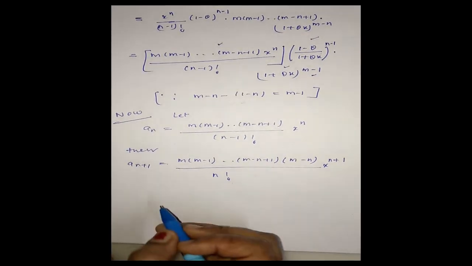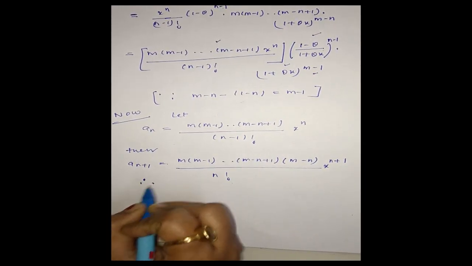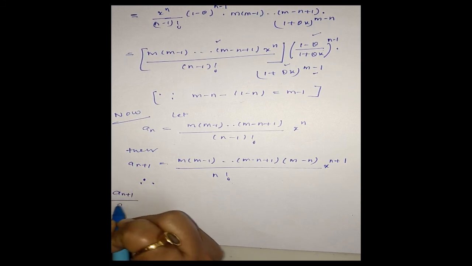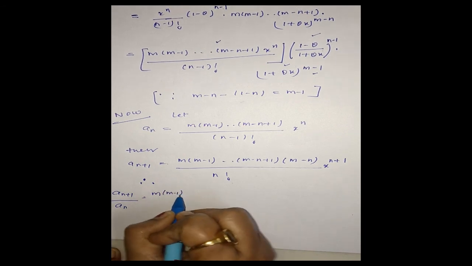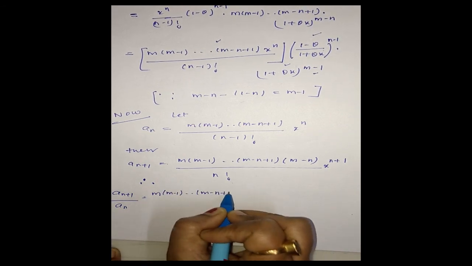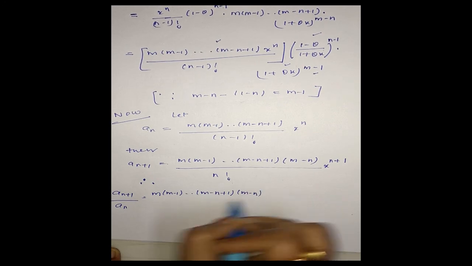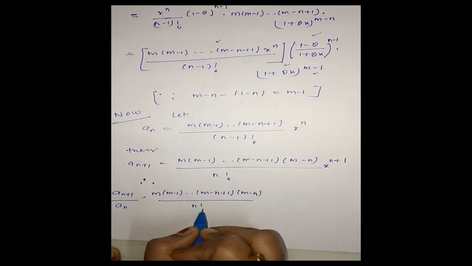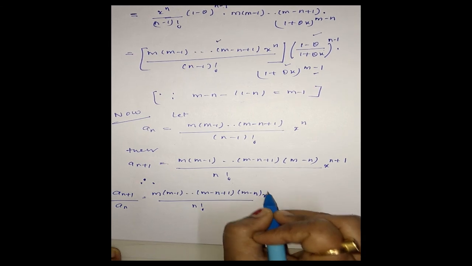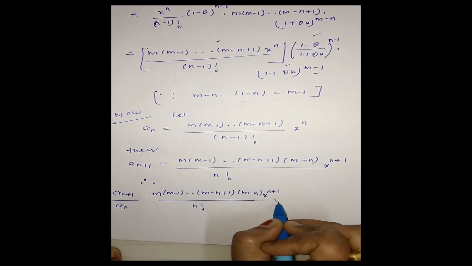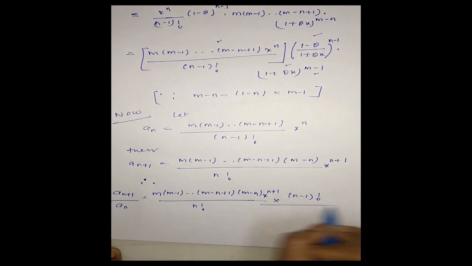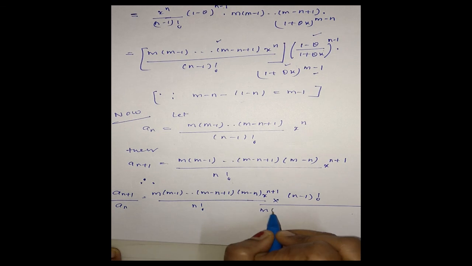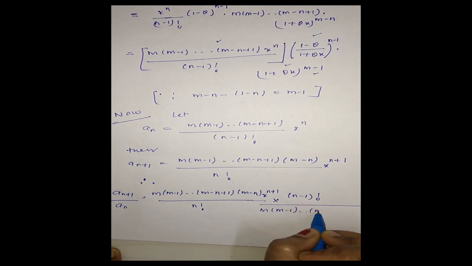Now, therefore, an plus 1 divided by an will be m into (m minus 1) up to (m minus n plus 1)(m minus n) upon n factorial, into x^(n plus 1) into (n minus 1) factorial, divided by m into (m minus 1) up to (m minus n plus 1) into x^n.